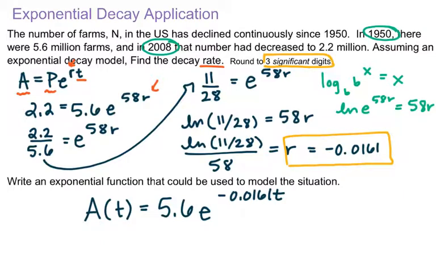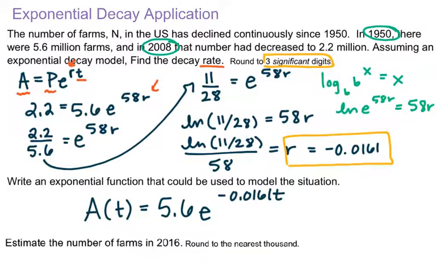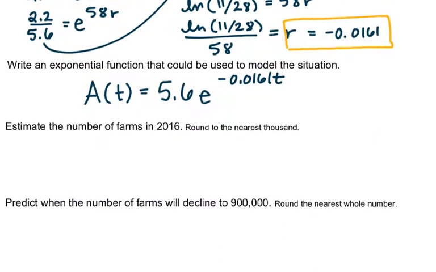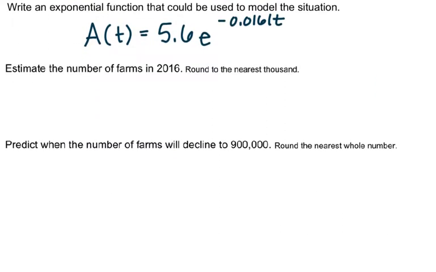So now we have a function. We can use that to predict or model for future situations. So our next step might be to estimate the number of farms in 2016.